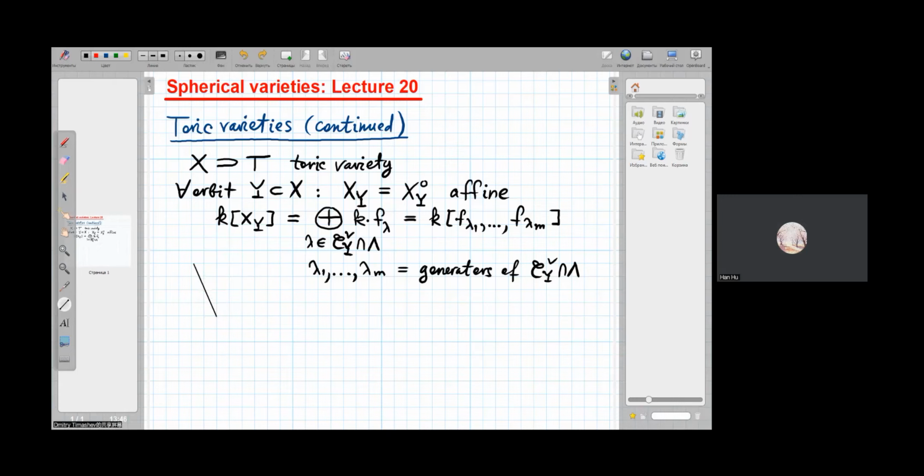One ray like this. The other ray like this, maybe. So this is the cone C sub Y.